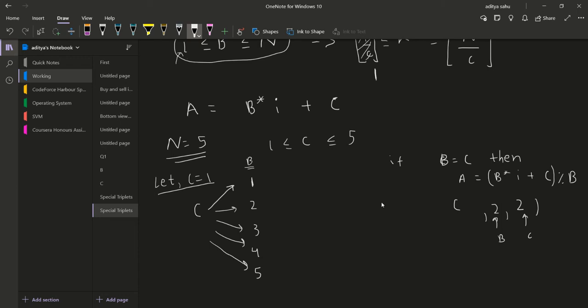Because A should be of the form some integer multiple, say k times B, plus some C, right?